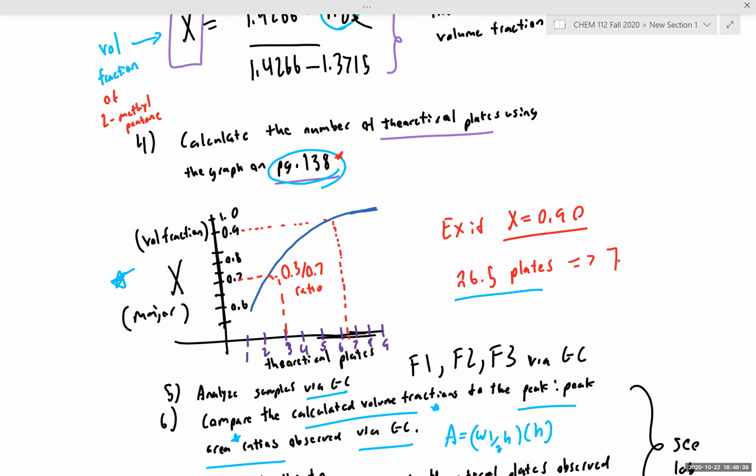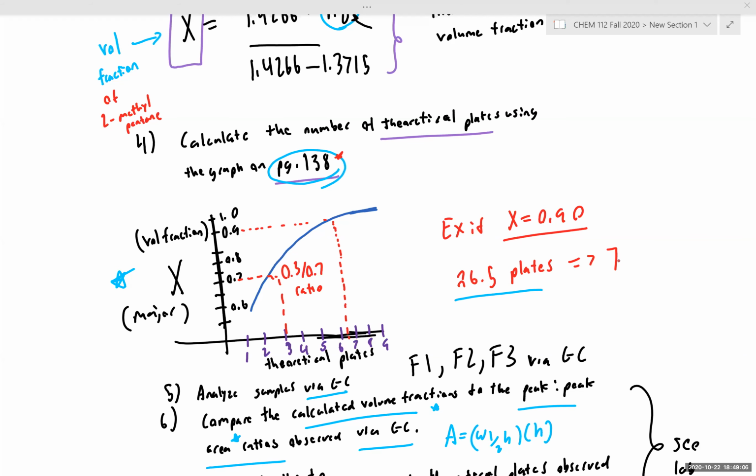What does everyone think? 6 to 7, exactly. So you'd expect from your volume fractions a calculated number of theoretical plates to be somewhere around 6 to 7.